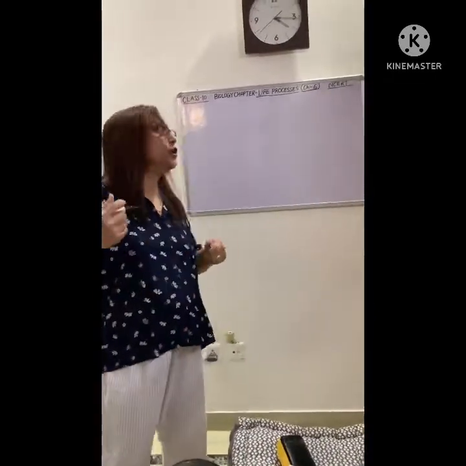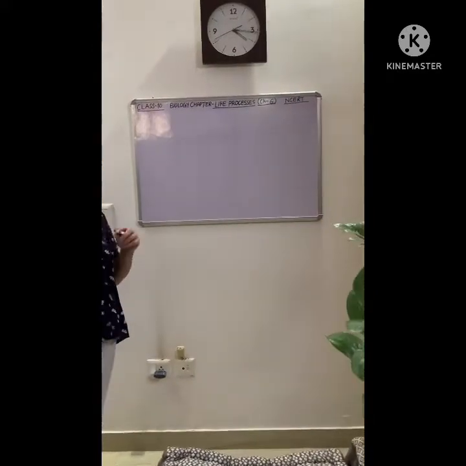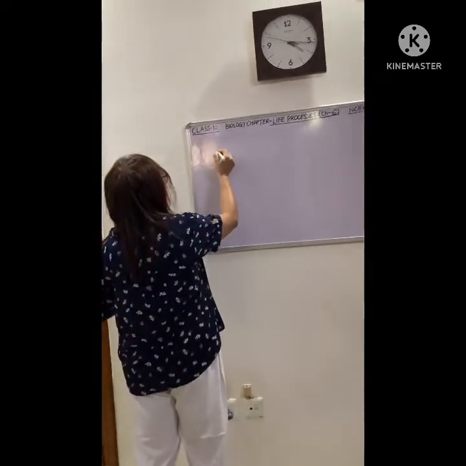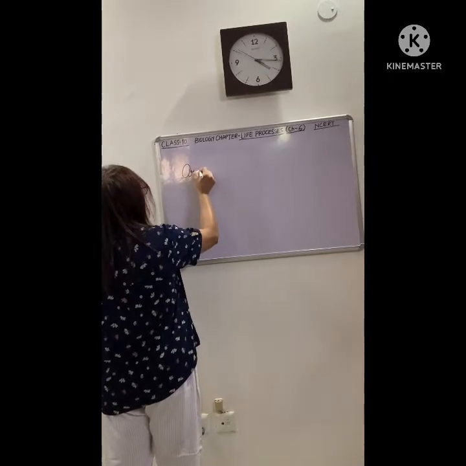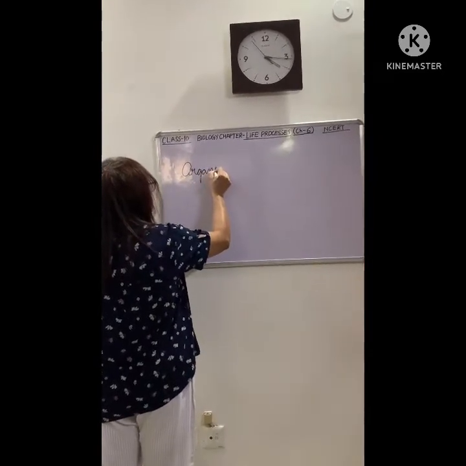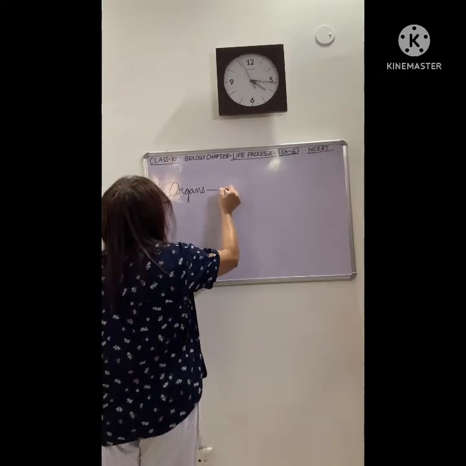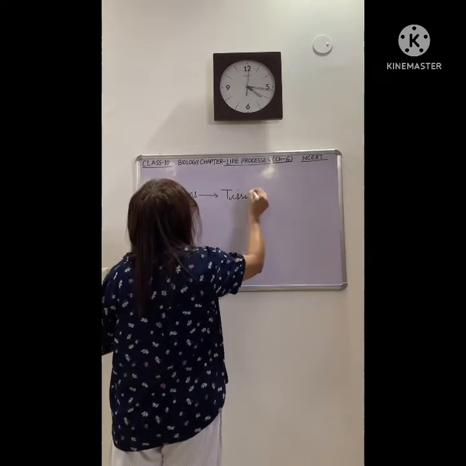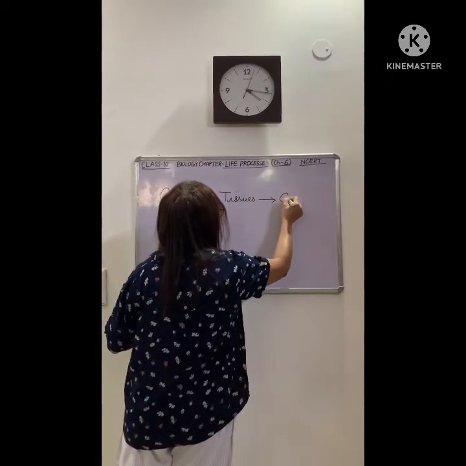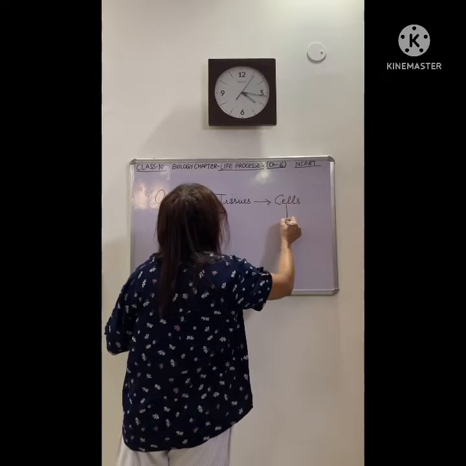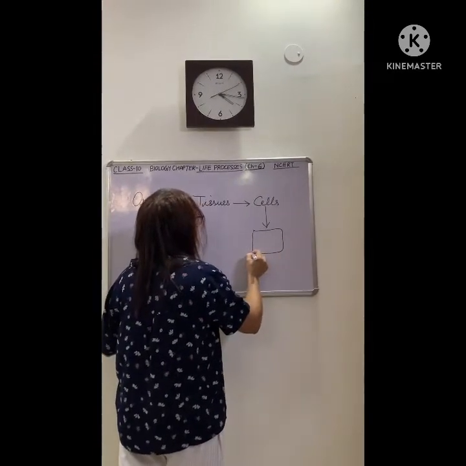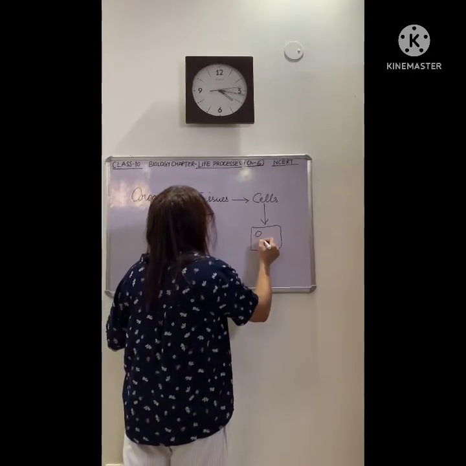You all know that any living thing has got a structure of organization. For example, living things are made up of organs, and organs are made up of tissues, and tissues are made up of cells. Do you know the structure of a cell?